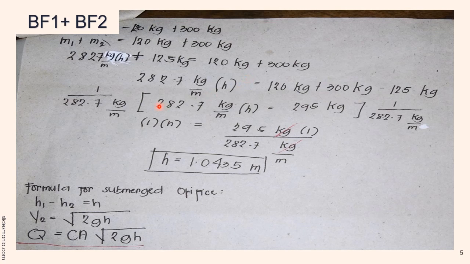Then 282.7 kilogram per meter times height equals 120 kilogram plus 300 kilogram minus 125 kilogram.